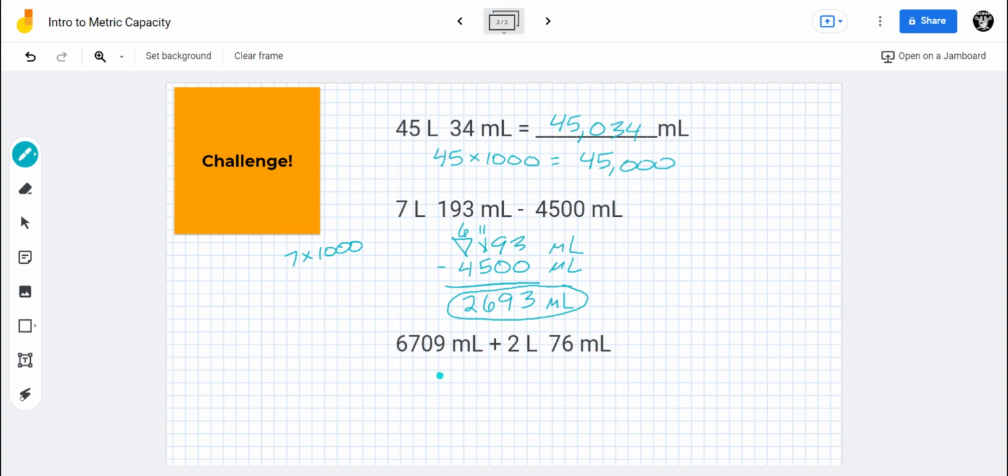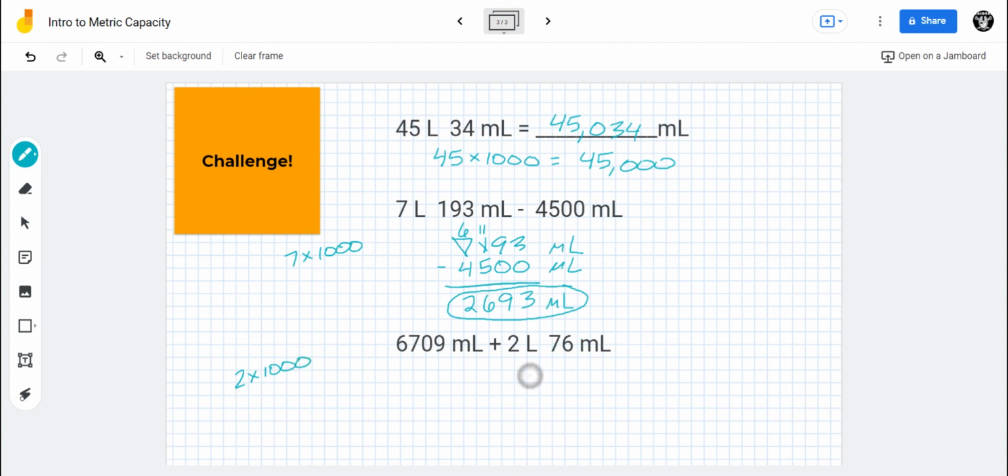Finally, over here, we have one more of those. This time it's an addition problem, so don't mix up your signs. But look, I have mixed unit here, and I have just milliliters here, so I have to convert one or the other. So I'm going to go ahead and convert. I like converting liters into milliliters. So I'm going to say this 2 liters here ends up being 2 times 1,000, and that'll give me milliliters.